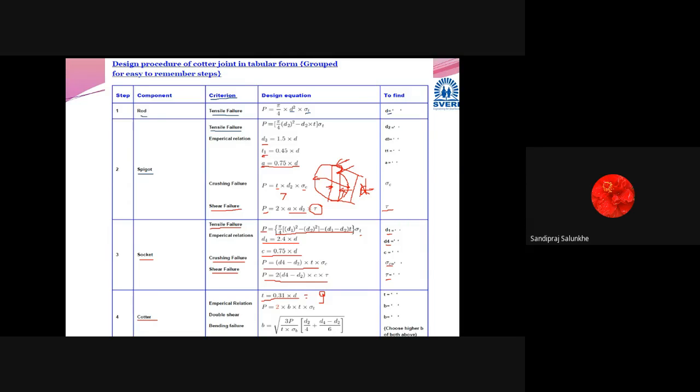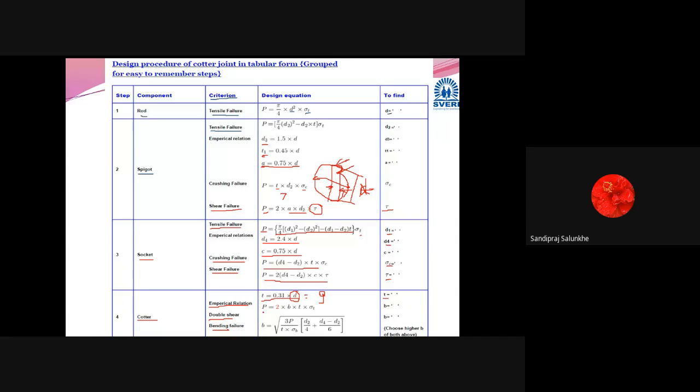And for that we are going to use the criteria of shear and bending. First of all, with the help of an empirical relationship, we are going to calculate the thickness of that quarter. That thickness is in terms of the diameter of the rod, that is 0.31 D. Here we are going to find out the thickness.